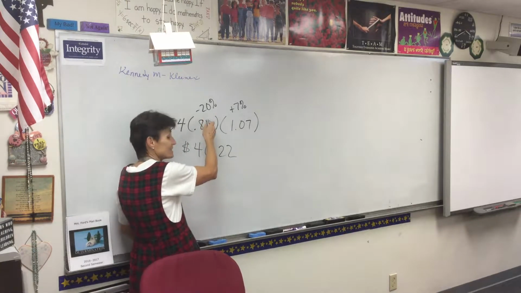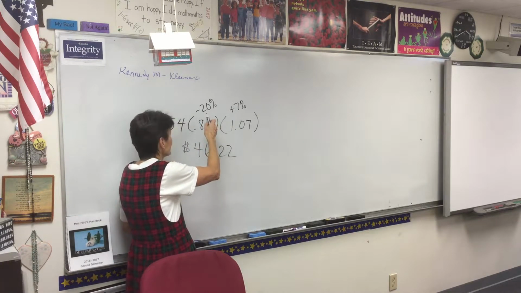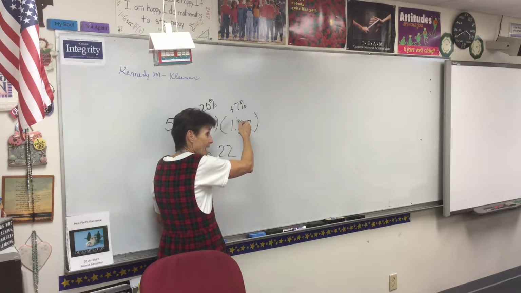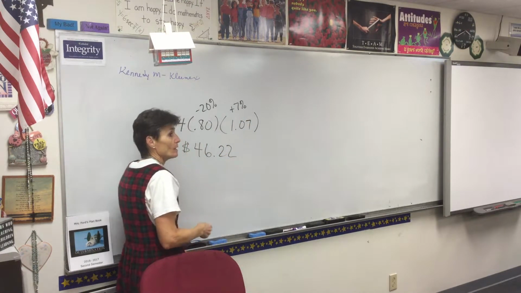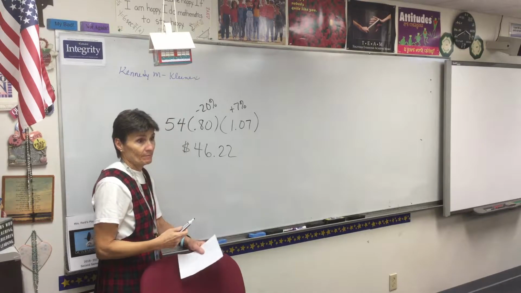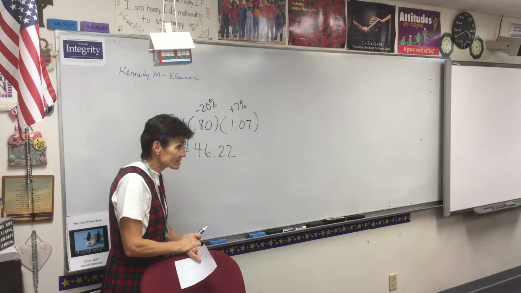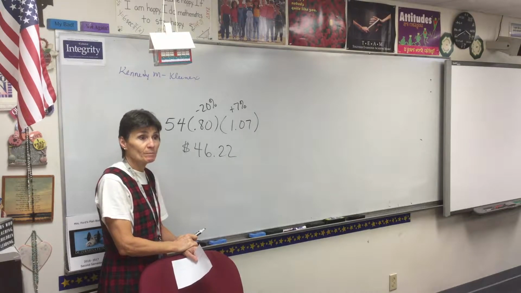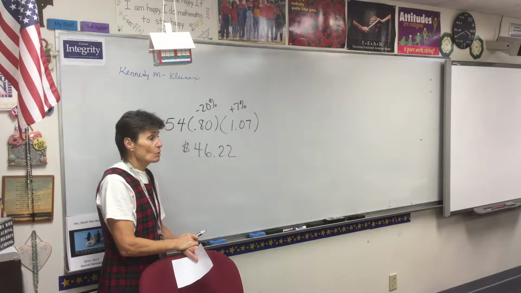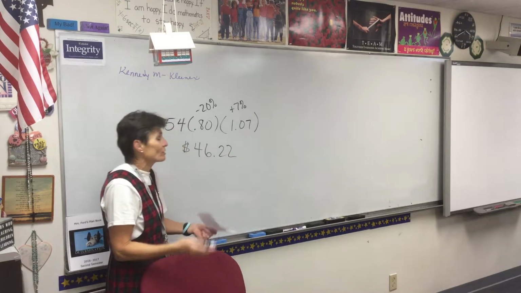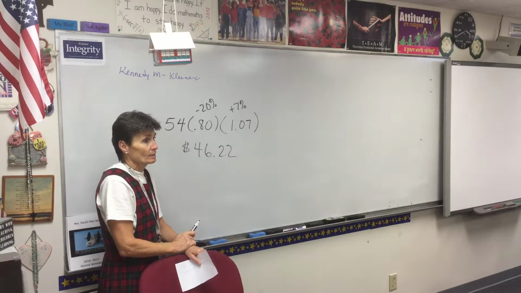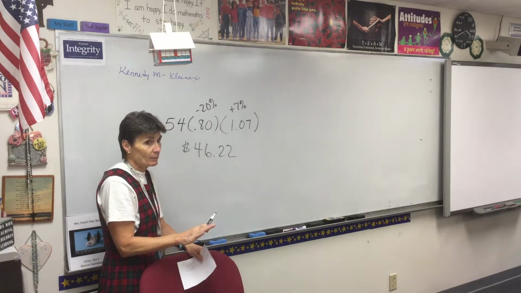In this case, we have a discount, which is minus, and we have a tax, which is add. So what if we had a coupon? That would be minus. What if we had a tip, like in a restaurant? That would be plus. So you're either going to be subtracting or adding the percentage. Got that one?